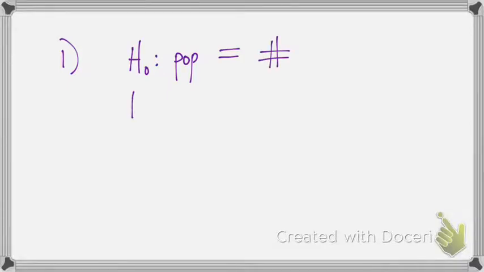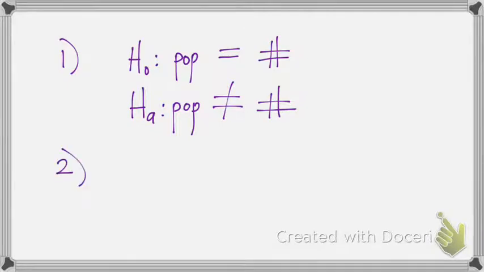Number 1 says equals hypothesized value versus not equal to. So the null hypothesis is going to be population equals some sort of number. The alternative is that population characteristic is not equal to some sort of number. Number 2, equal versus less than.